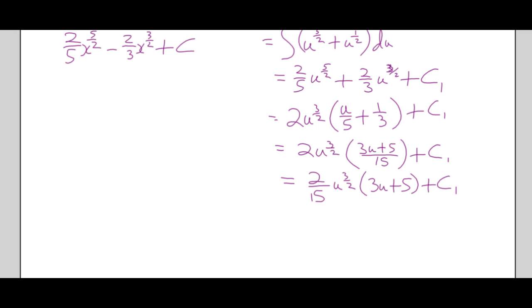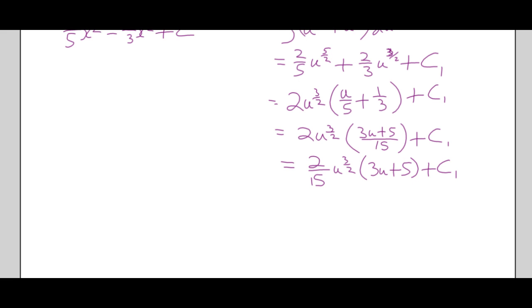Okay, now we can put the x minus 1 in. So now instead of u, we'll put in the x minus 1. So 2/15 x minus 1 to the 3/2, 3 times x minus 1 plus 5 plus c1. This can expand out.